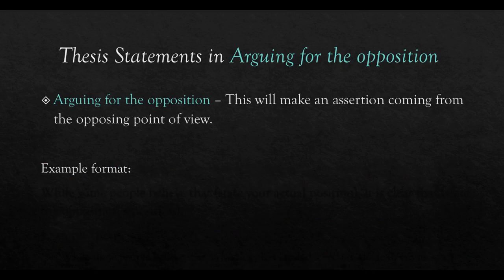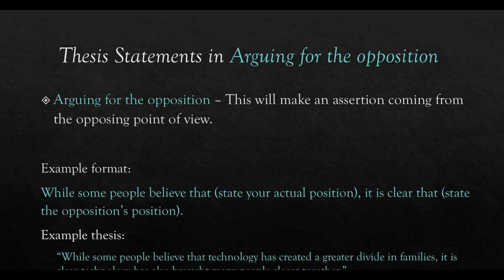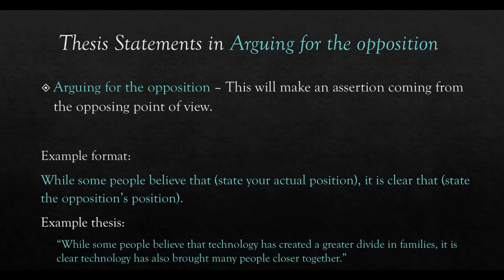These statements in arguing for the opposition will make an assertion from the opposing point of view. For example, here's the format: while some people believe that, and then you state your actual position, it is clear that, and then you state the opposition's position. So for example, while some people believe that technology has created a greater divide in families, it is clear technology has also brought many people closer together.